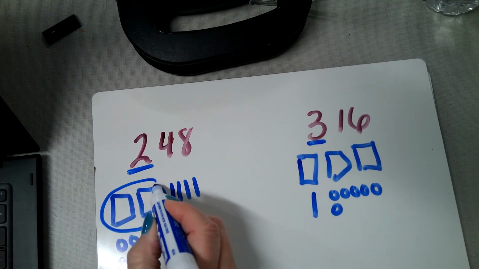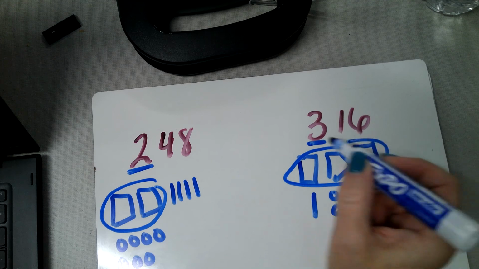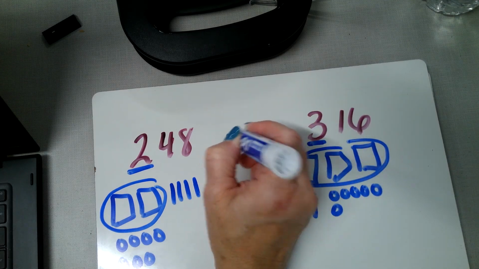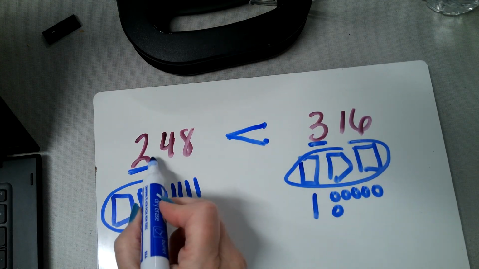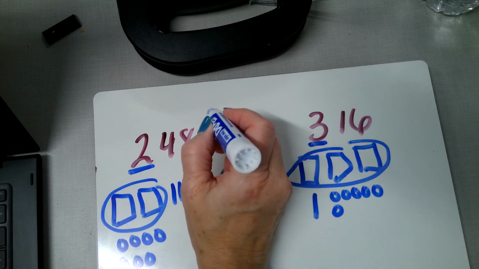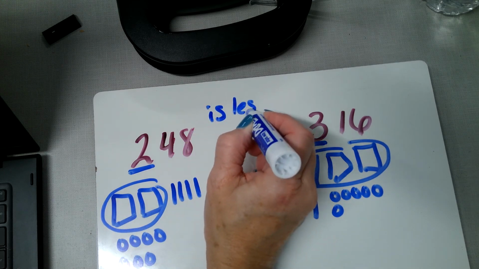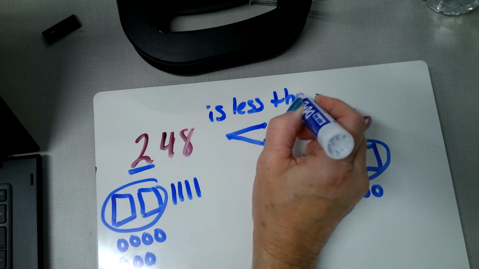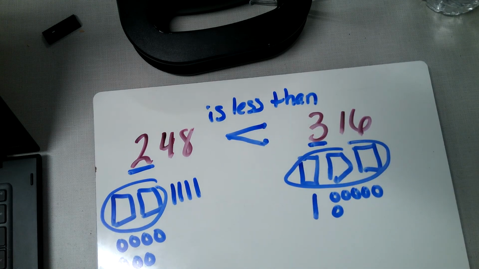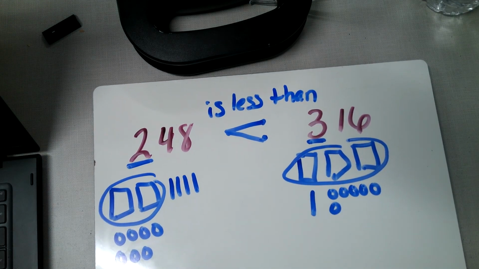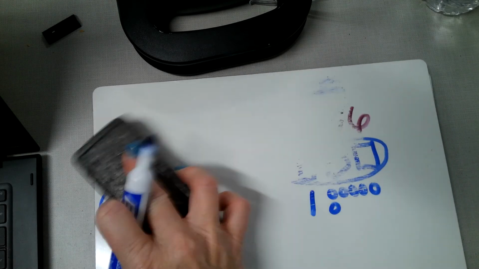This one has 2 hundreds and this one has 3 hundreds. So this number is bigger. 248 is less than 316. That's how you would compare those numbers. Okay, so you're going to be practicing doing that in your journal today, okay, in your math slides.